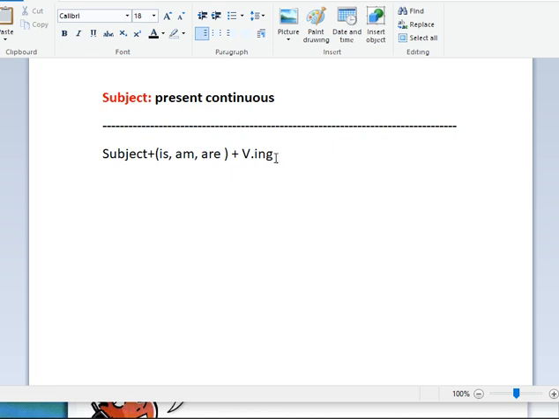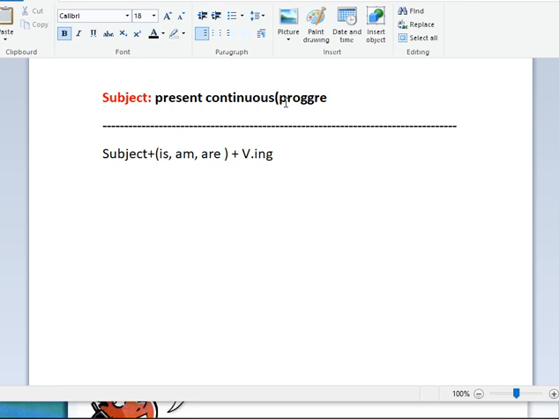Every time we see ing, it means it's continuous form. Sometimes it's called progressive. Let me just write it here. Progressive.